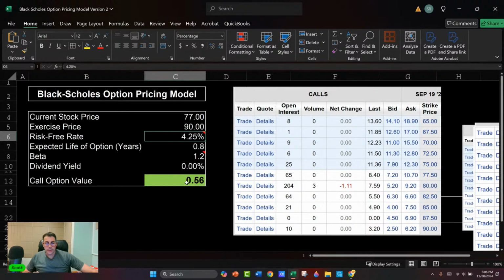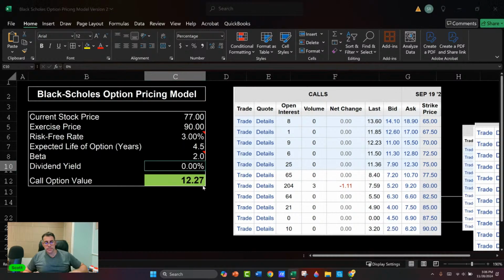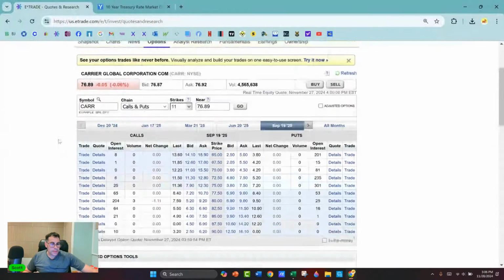So let's just raise the beta. If the risk-free rate goes up, put up to 12, then the option goes up. And if the risk-free rate goes down, the option goes down. Betas, does this pay a dividend?